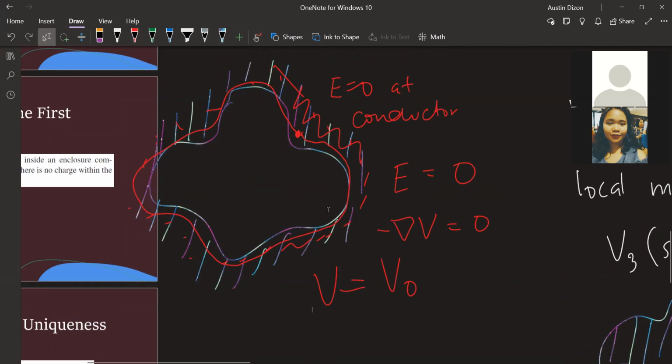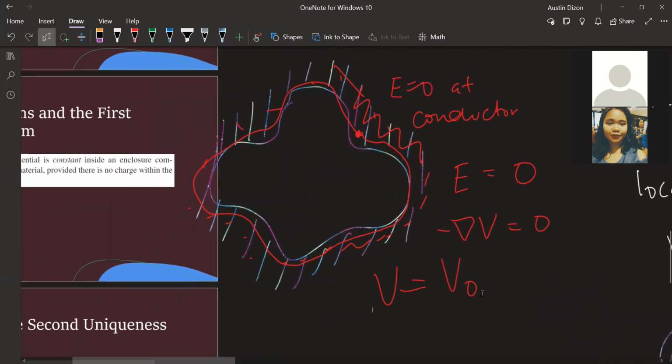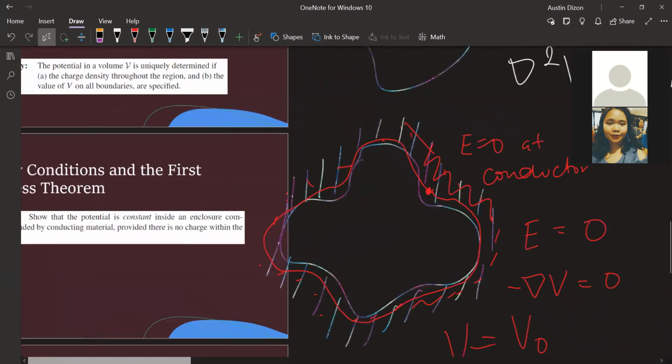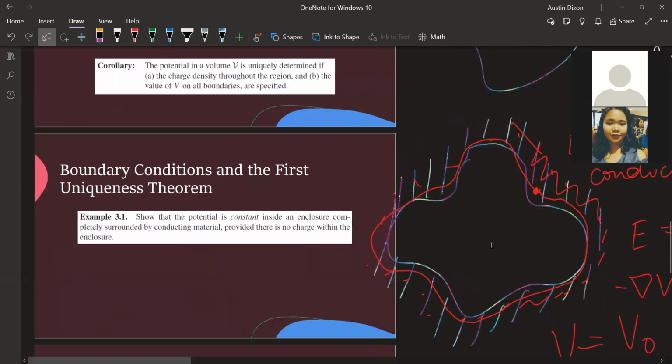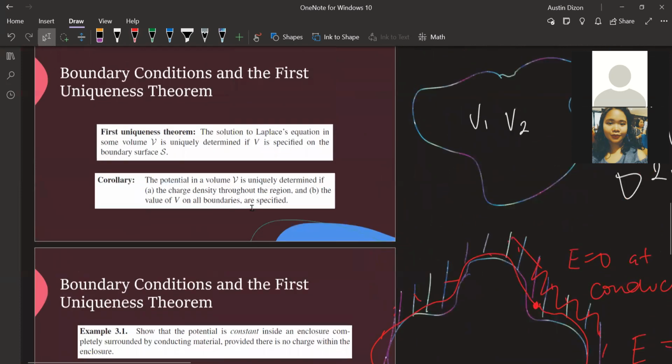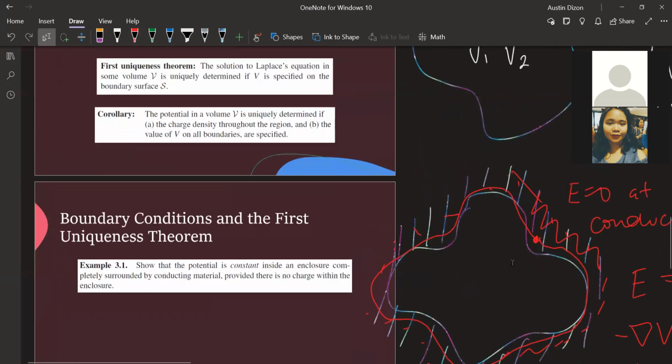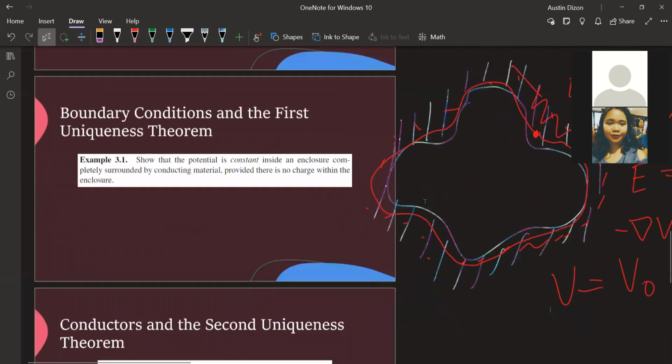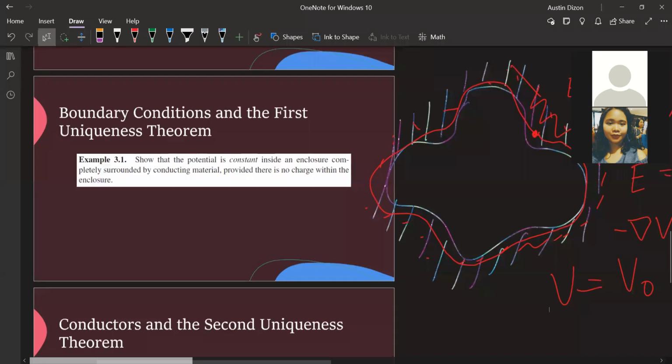Okay? So, along the surface, all along the surface, the potential is constant. Then again, he said the Laplace equation would hold. And by the uniqueness theorem, that would mean that the local maximum and local minimum are only at the boundaries.